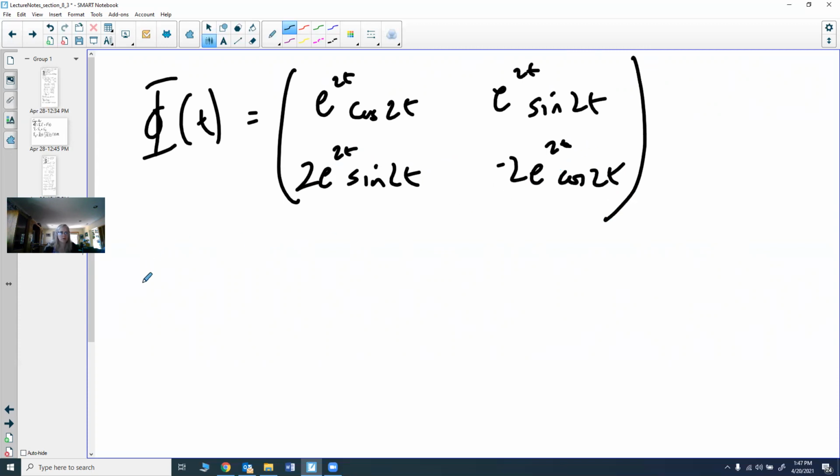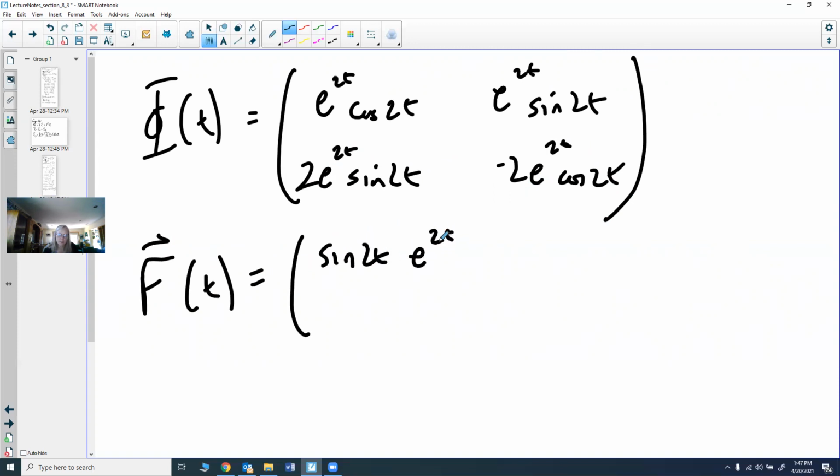That is your fundamental matrix. And if you want to pull that e to the 2t out, you can.